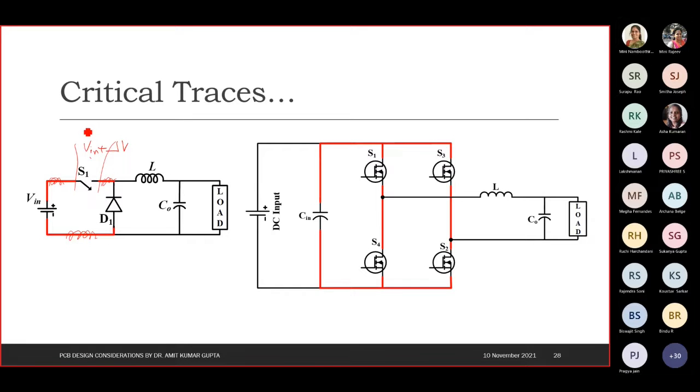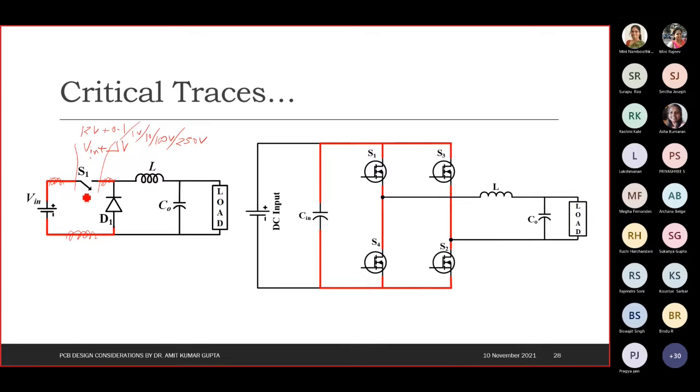If suppose this is 12 volt, delta V can be 0.1 volt, this can be 1 volt, this can also be 10 volt, and this can also go to 100 volt, and this can also go to probably 250 volt.